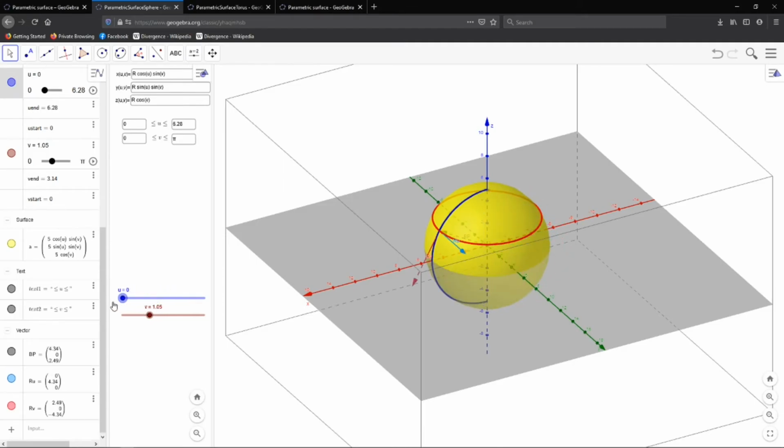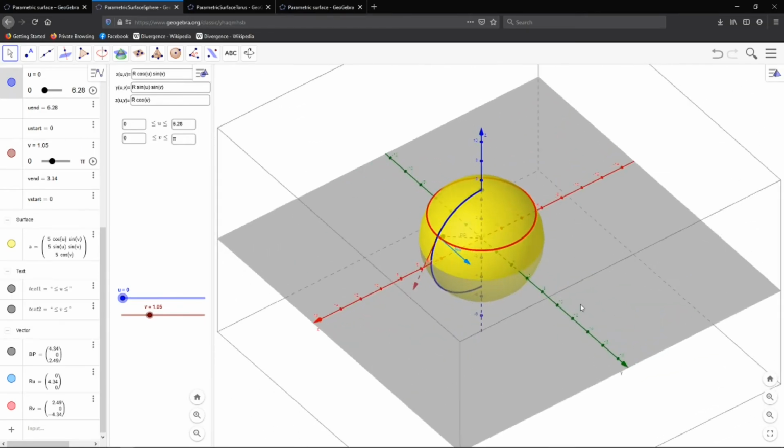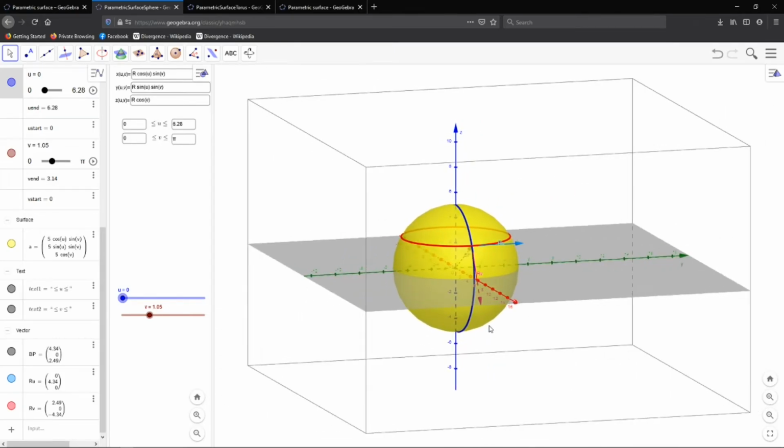And what's interesting here, and I haven't plotted it out, but I'll leave it to you to try and figure out how to plot it, is the cross product of these two vectors, which is what's called the normal vector to the surface. At any point on the surface, the cross product of ru and rv is going to be a vector that's exactly normal to the surface.